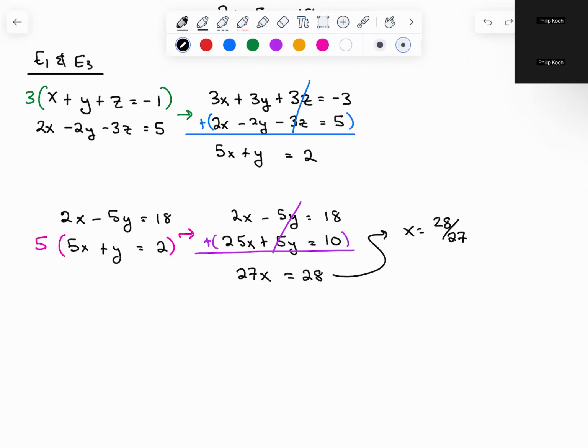So 5 times 28 over 27 plus y is equal to 2. 5 times 28 over 27 is 140 over 27. Good. 140 over 27 plus y is equal to 2. 2 minus that is negative 86 over 27.